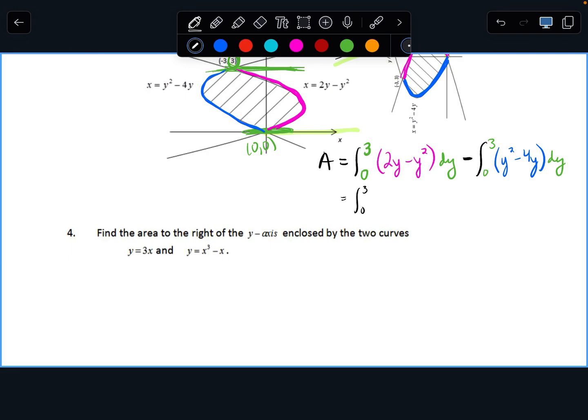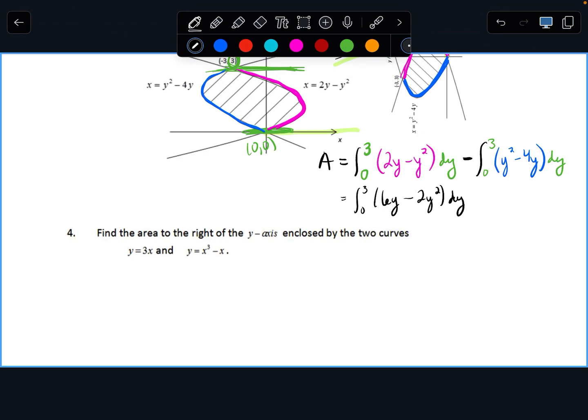Because if you subtract those, what would that be? 6y minus 2y squared. Is that what I got? If you combine them, right, because I did 2y minus negative 4y, and then negative y squared minus y squared.